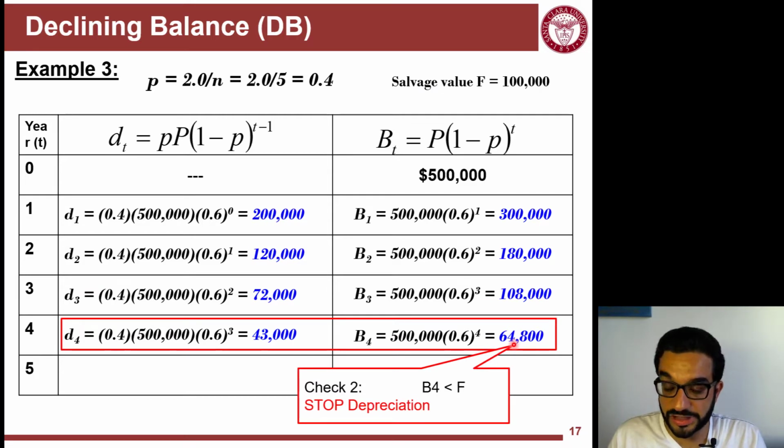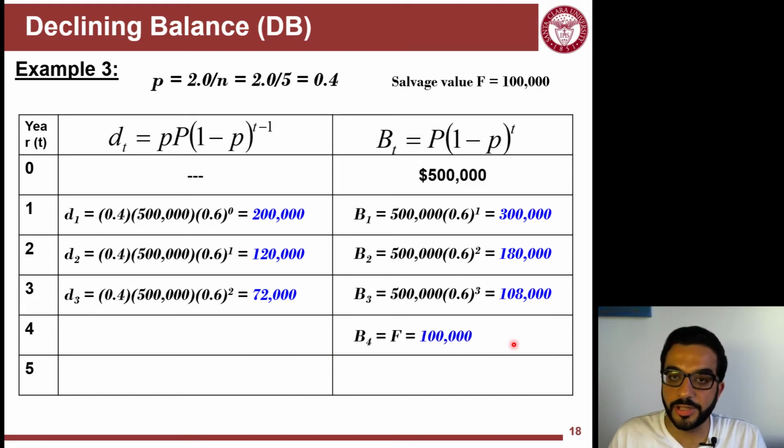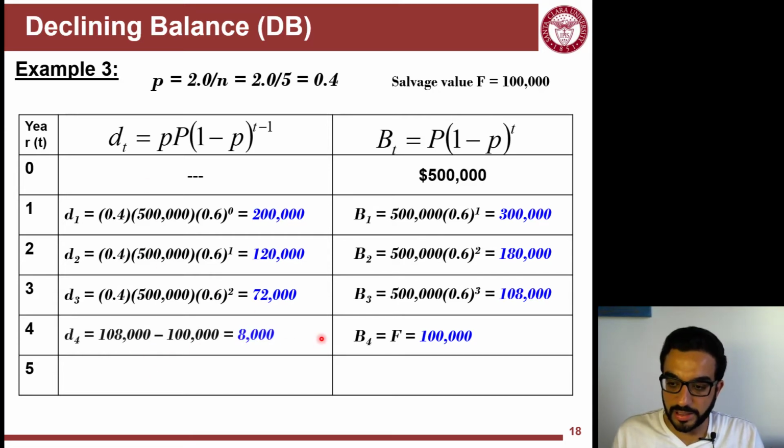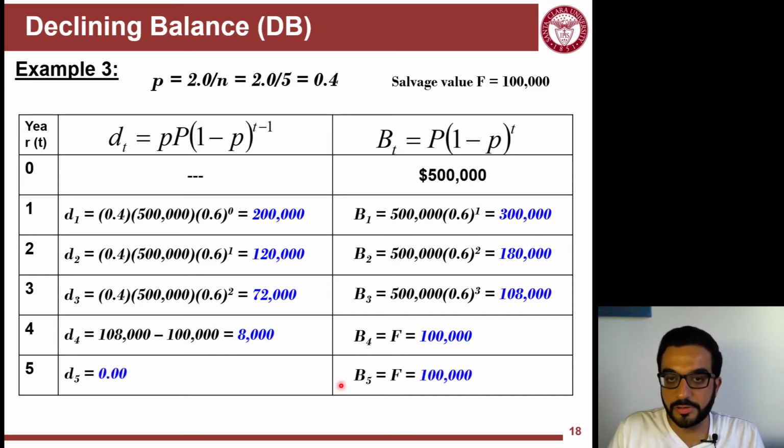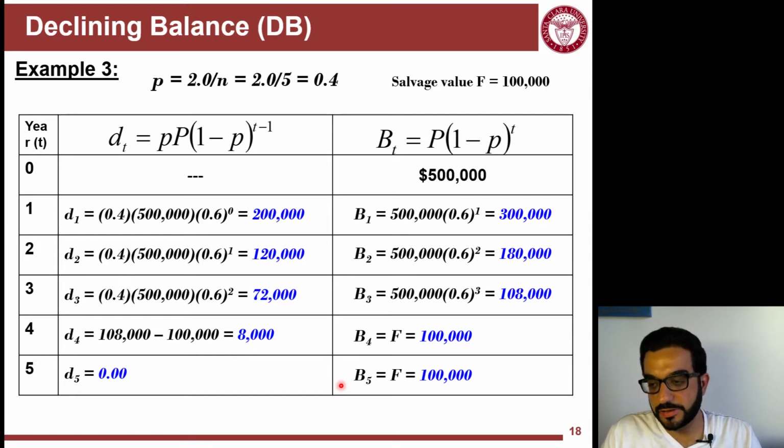So I will stop depreciation following the declining balance. And I will set my book value of 4 to be equal to the salvage value, which means that I will lose some value of the asset, but not following the declining balance, but I will here manually calculate it to be the difference between 108 and 100,000. All right, and then the fifth year, I have no depreciation and the book value stays the same, equal to the salvage value.